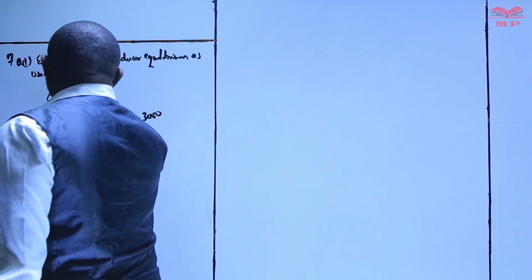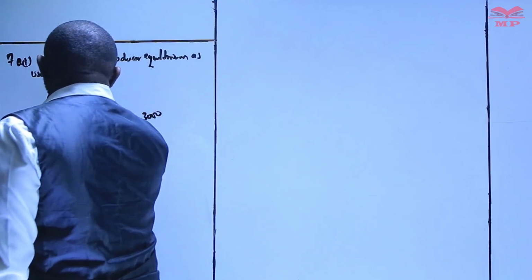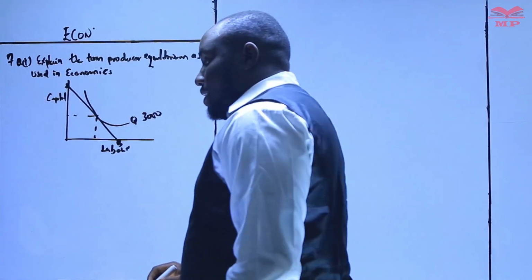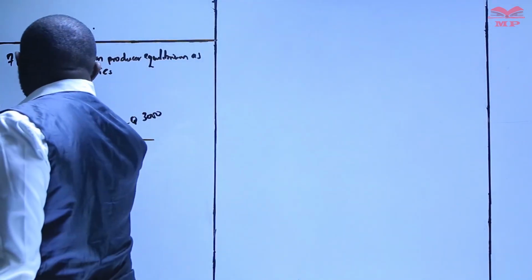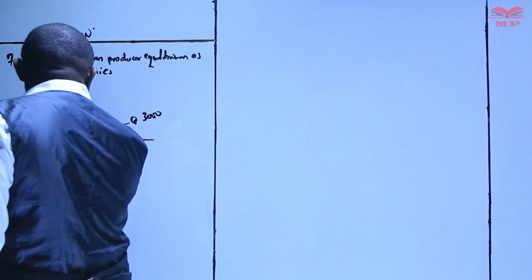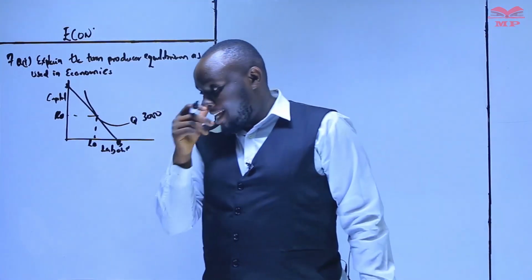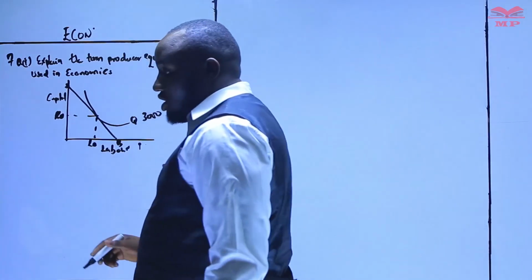So the point where the isocost line forms a tangent with an isoquant, that is where we get the producer equilibrium. So we have the equilibrium quantity of capital, that is KE, and the equilibrium quantity of labor, that is LE. So we can say that this is 3,000.